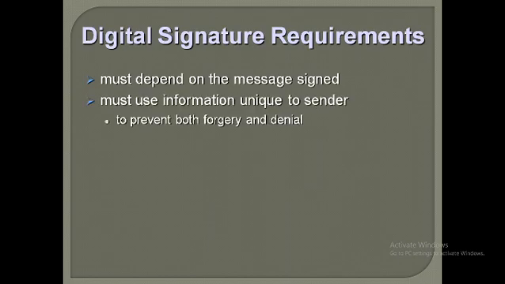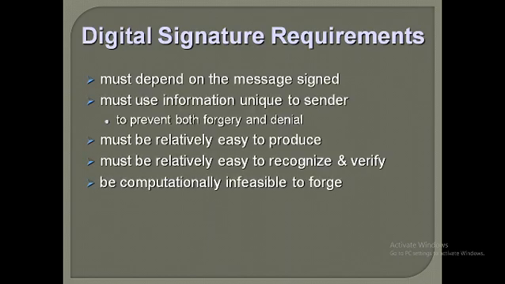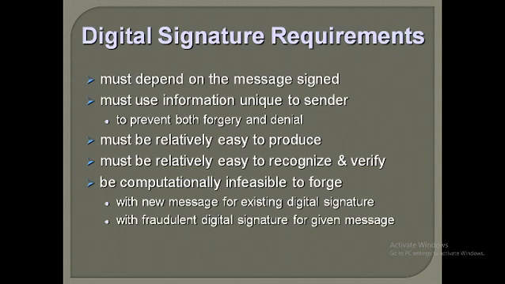And the digital signature requirements. It must depend upon the message signed. It uses information unique to the sender, and it must be relatively easy to produce, easy to recognize and verify, but computationally infeasible to forge with a new message for an existing digital signature, or with a fraudulent digital signature for a given message.